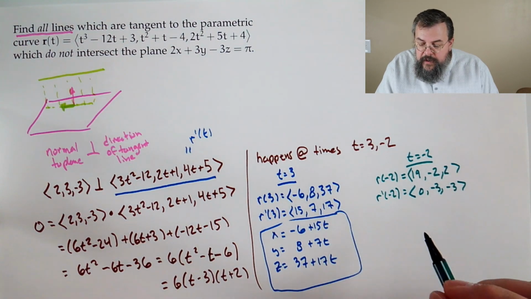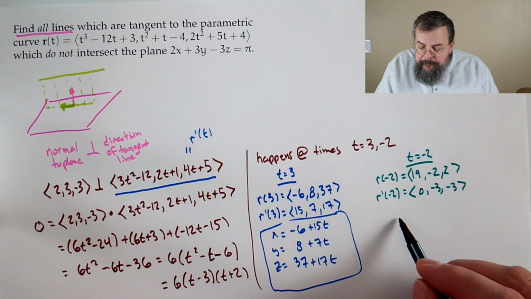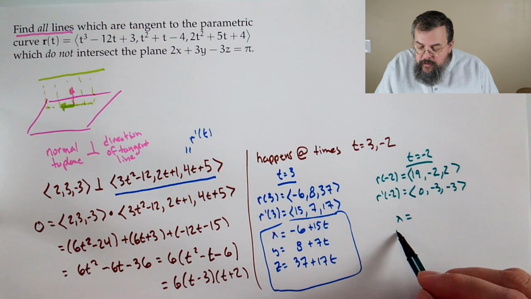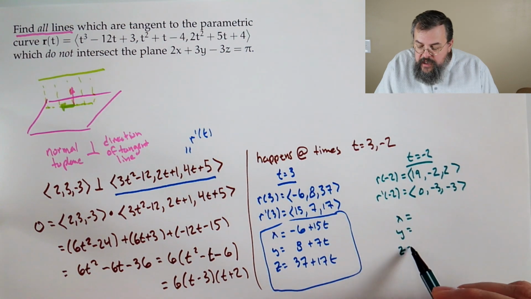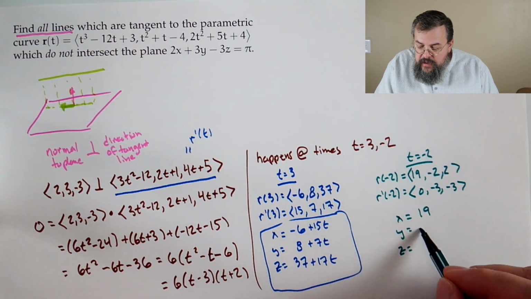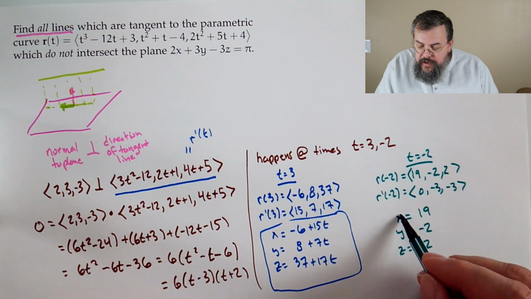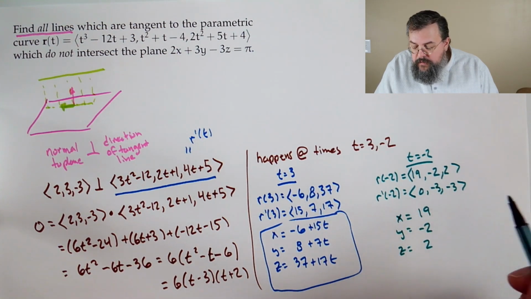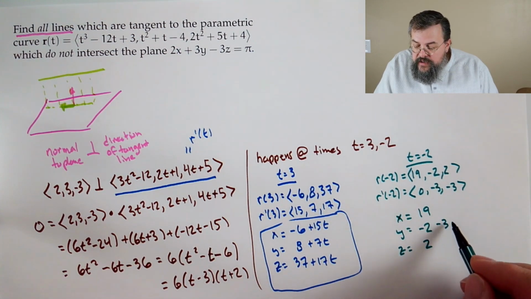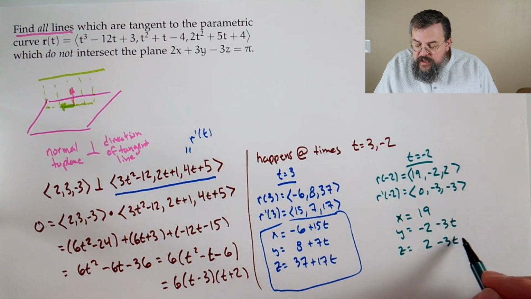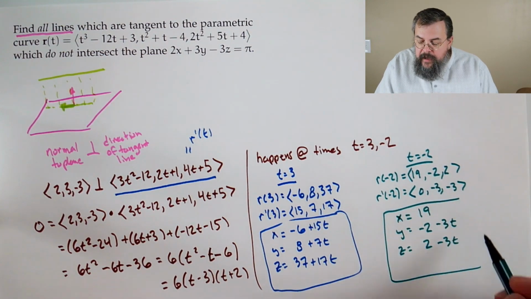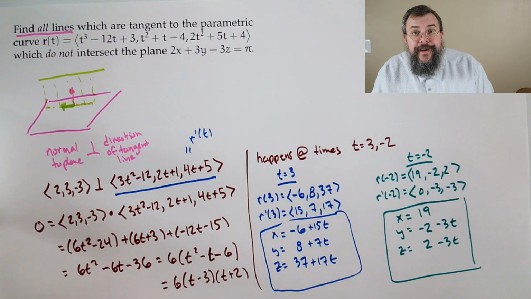That's perfectly fine. And so what do we get? x, y, z: 19, negative 2, 2. So we put in our point. Then 0t, well, we don't need to write anything, minus 3t, minus 3t. And there we go.